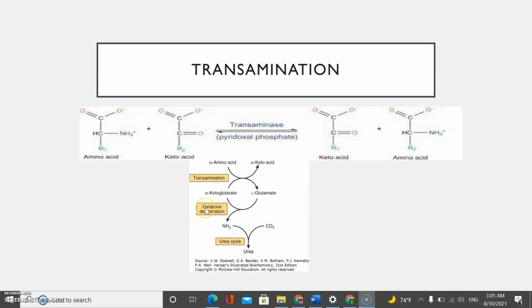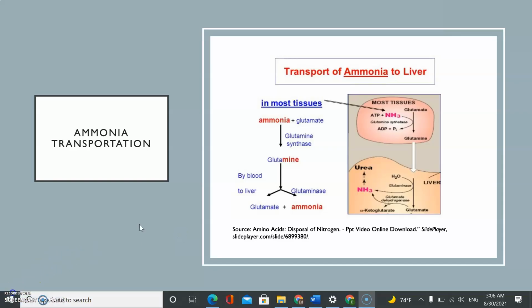This is a general overview of ammonia transfer. In most tissues, ammonia produced from amino acid metabolism interacts with glutamate to form glutamine using the glutamine synthetase enzyme. Glutamine is a non-toxic ammonia carrier, and it will transport ammonia to the liver.